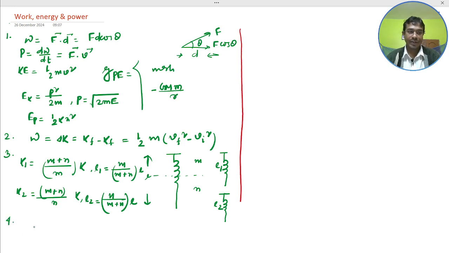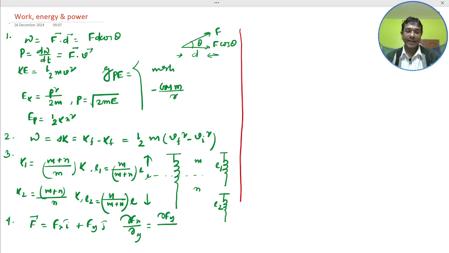Suppose the force has components Fx along the x-axis and Fy along the y-axis. The condition for this force to be conservative is that del Fx by del y, the derivative of Fx keeping x constant, equals del Fy by del x, the derivative of the y force component.